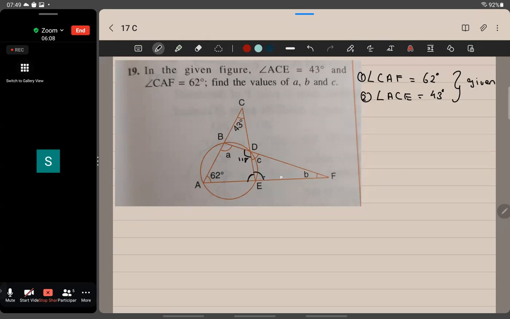Then by that, I can find B by using ASP. But A is still remaining. How to find A? Okay, A will also be found.